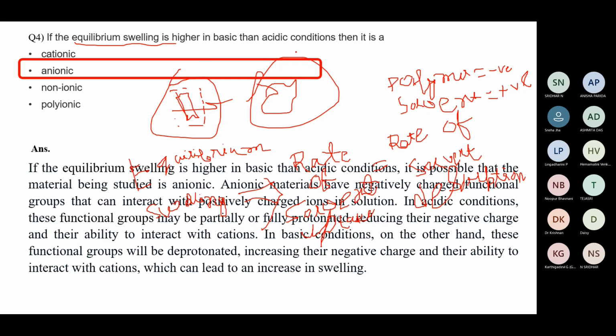In the acidic condition, the majority of the ions are positive, and therefore this interaction is not fruitful, whereas in the case of anionic polymer the swelling is more fruitful.